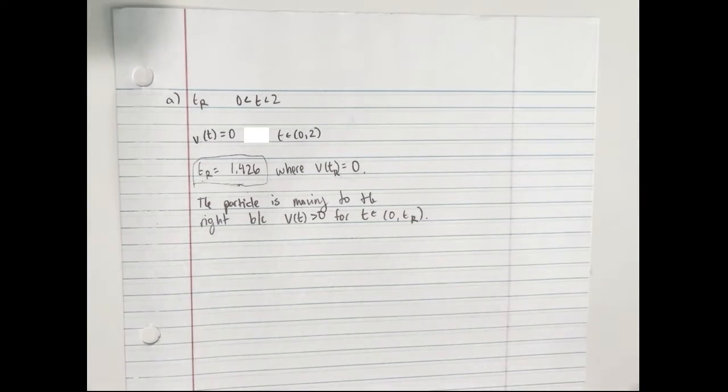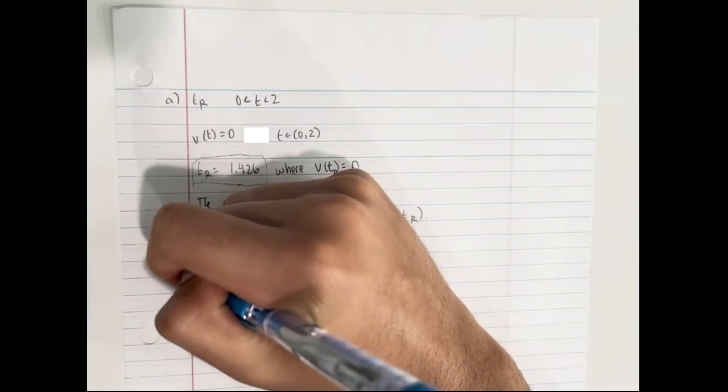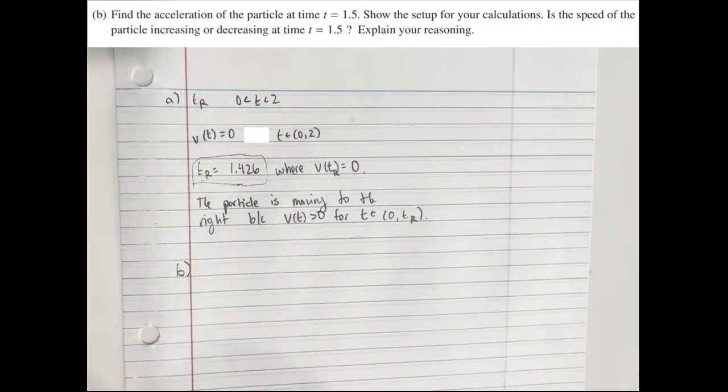And that's question A. So question B asks, find the acceleration of the particle at time t equals 1.5.